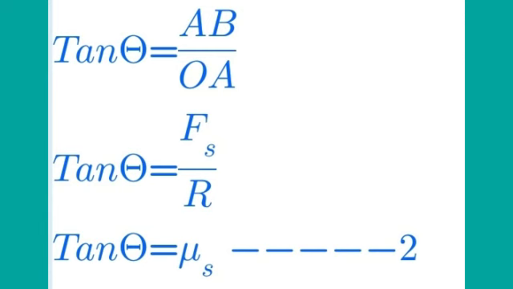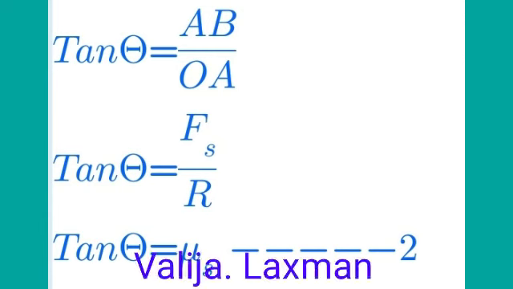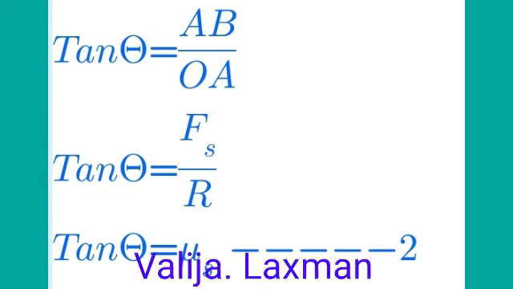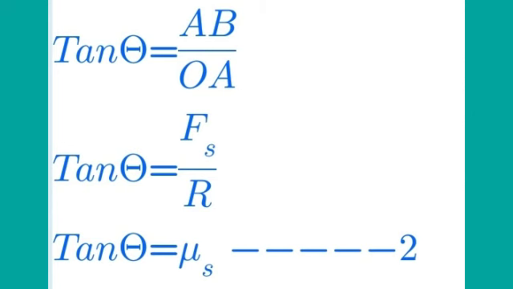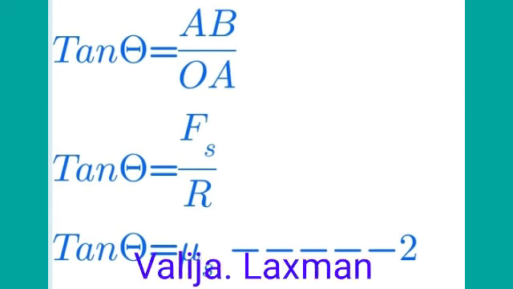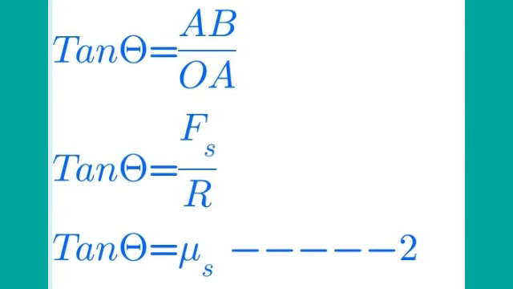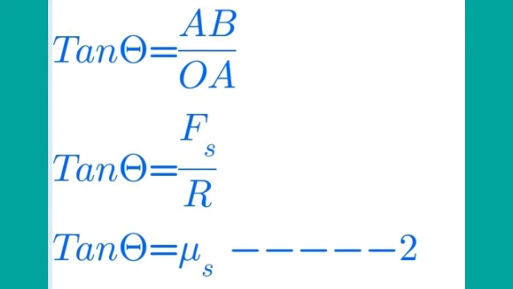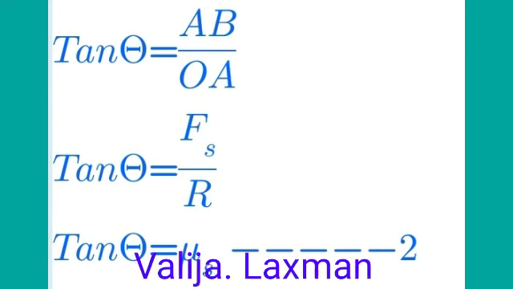So from this triangle we write tan theta equal to AB by OA, so tan theta equal to Fs by R, that is, tan theta equal to mu s. Take it as equation number 2. Observing equation 1 and equation 2, we can say that tan alpha is equal to tan theta. That means the angle of repose is equal to the angle of friction.